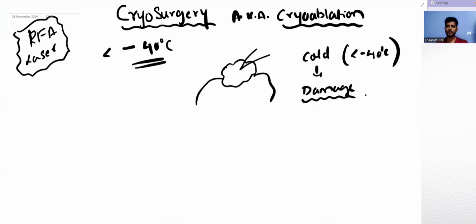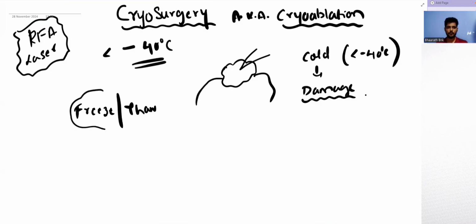Now, in cryoablation, it is not just that we subject a tissue to extreme cold temperature and destroy it. We subject this tissue to extreme cold, thereby freezing it, but we immediately reheat the tissue. We warm the tissue, which is called thawing.